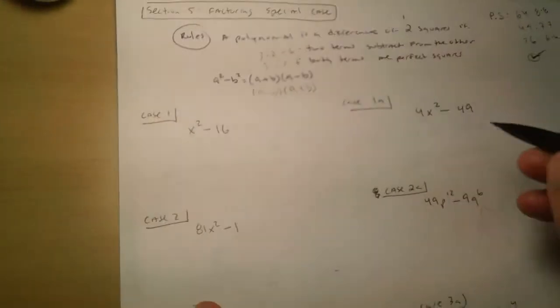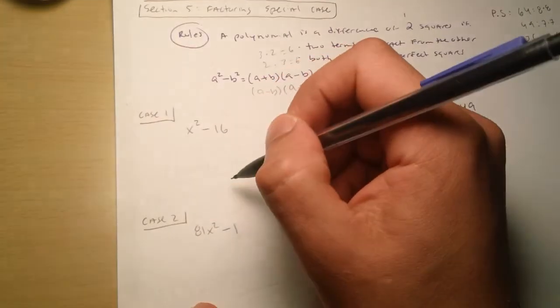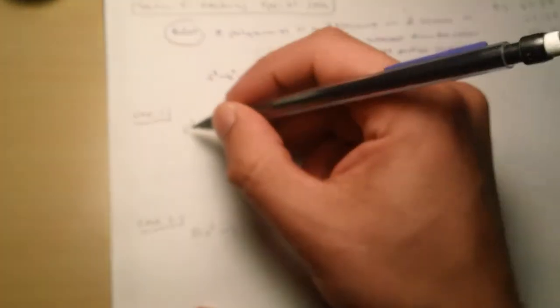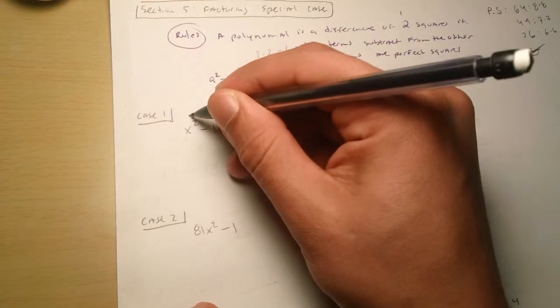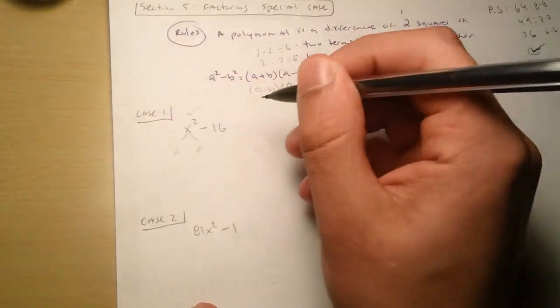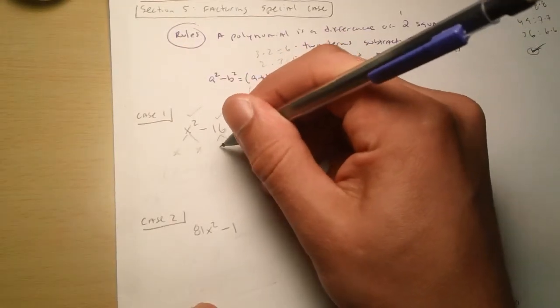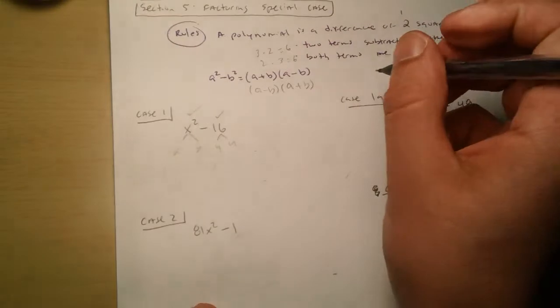So let's go ahead and begin. The first step whenever you have a problem like this is to check whether each term is a perfect square. Is x squared a perfect square? Yes, we have x and x. Is 16 a perfect square? Yes, we have 4 and 4.